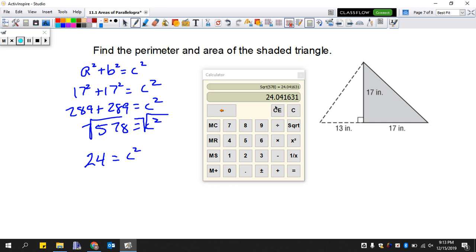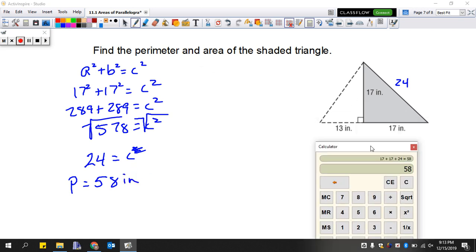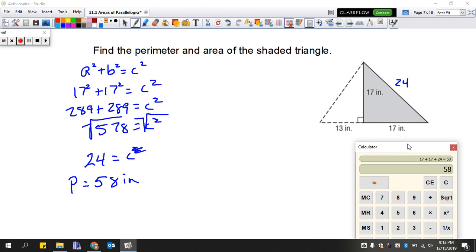So that would be 24 here. Okay, so this would not be c squared, just c. So you have 17 plus 17 plus 24 is equal to 58. So the perimeter is equal to 58 inches.